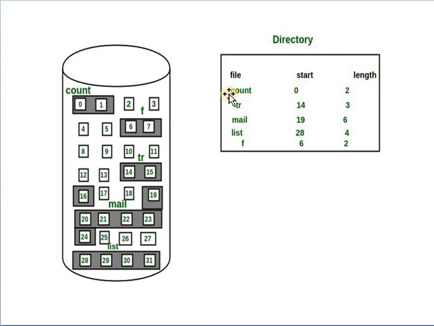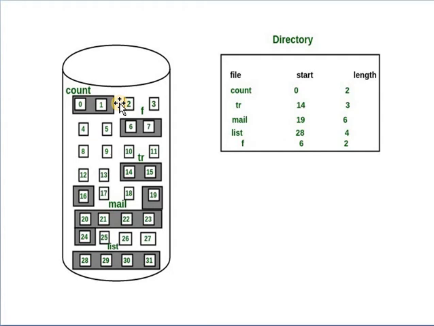Suppose the first file is the count file. The count file's starting address is 0 and it has a total length of 2. So here is a continuous allocation. In continuous allocation, from the starting address, continuous blocks are given for a file.